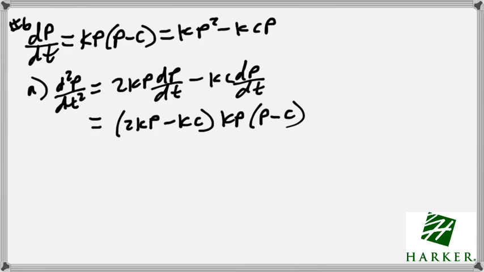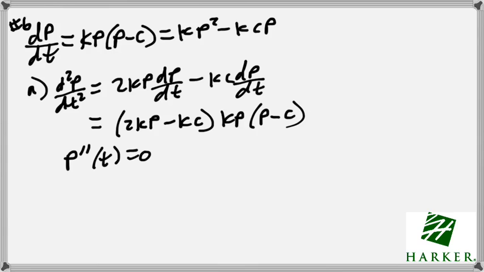Done. And then basically I asked you to show that dp/dt was a maximum at c over 2. Honestly, all I was really looking for, this doesn't necessarily do it all, is for you to set p double prime of t equal to 0. That was really all I wanted, and then solve it.